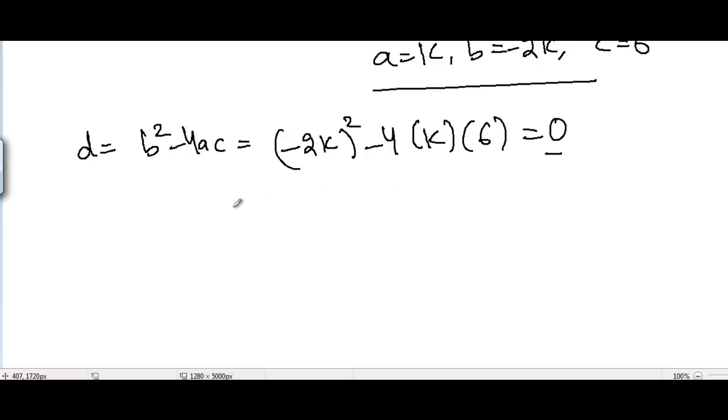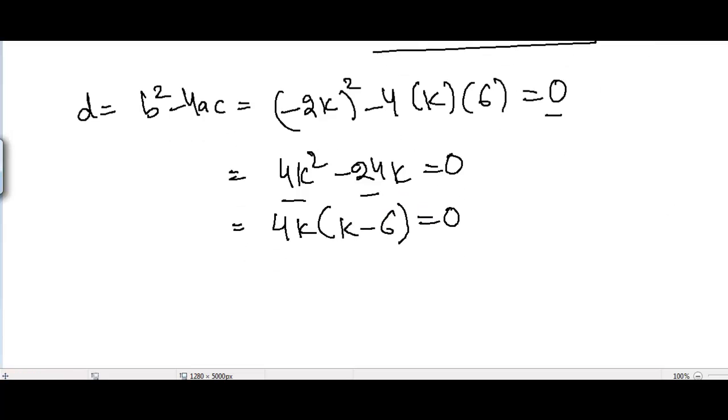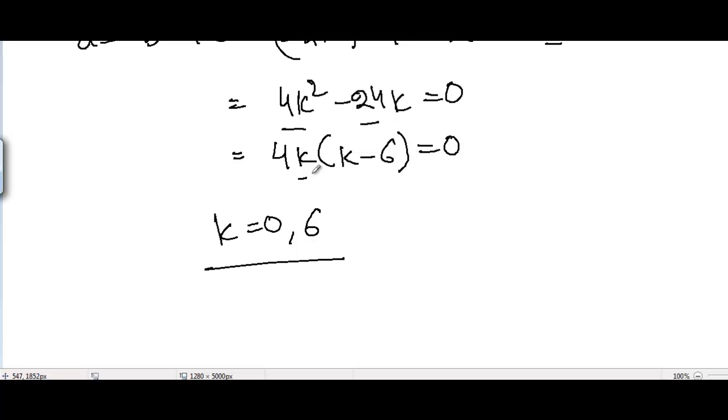I repeat: minus 2k squared is 4k squared, and minus 4k times 6 is minus 24k, equal to 0. Now I can take 4k common from these two terms, and I get 4k times (k minus 6) equal to 0. From here I get k equals 0 and 6, because either k can be equal to 0 or k can be equal to 6 to make the left side equal to 0.